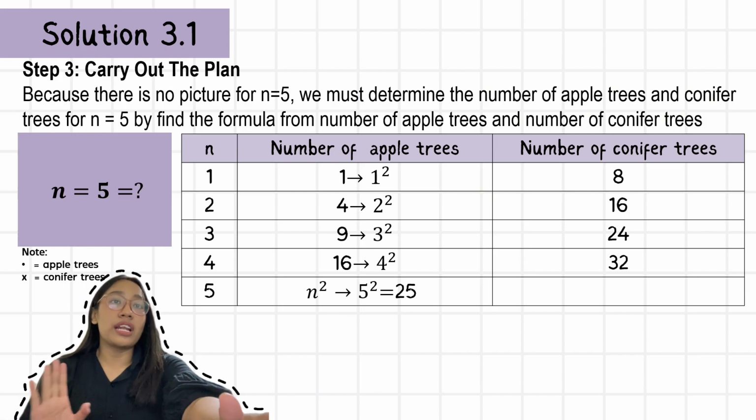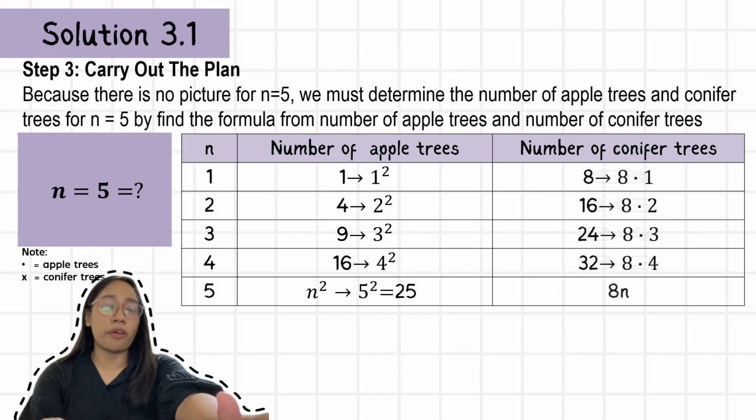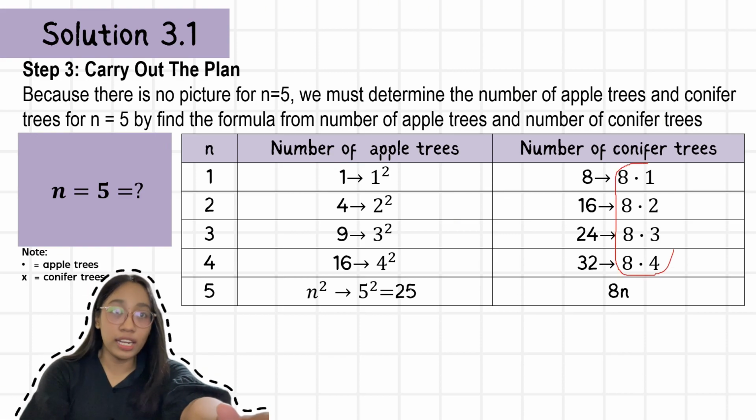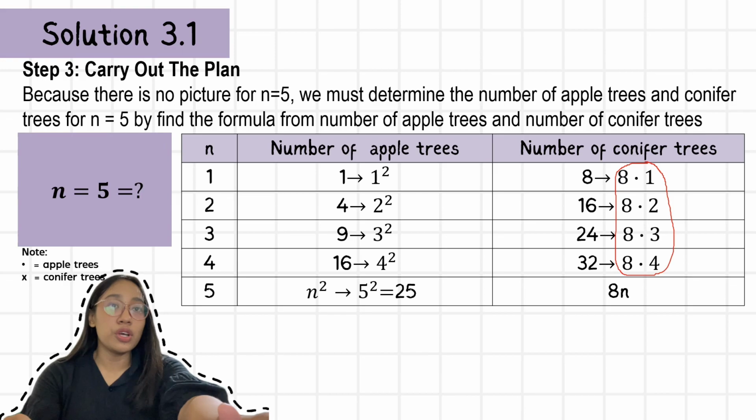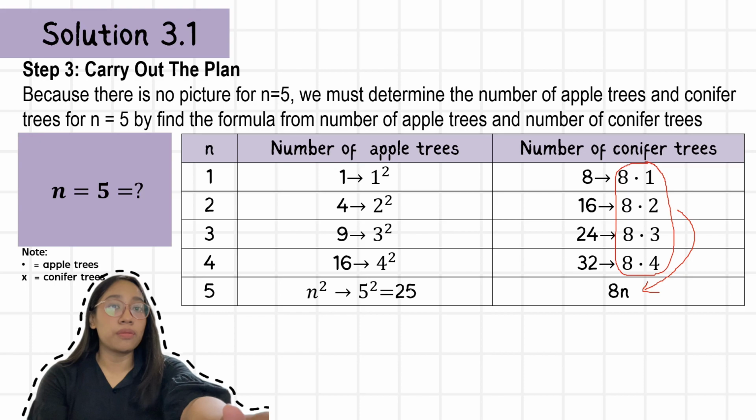And then next, for the number of conifer trees for n is equal to 1, we get the number of conifer trees is 8. So from that we know that 8 is the same as 8 times 1. And then n is equal to 2, we get 16, it is like 8 times 2. And then n is equal to 3, we get 24, it is like 8 times 3.